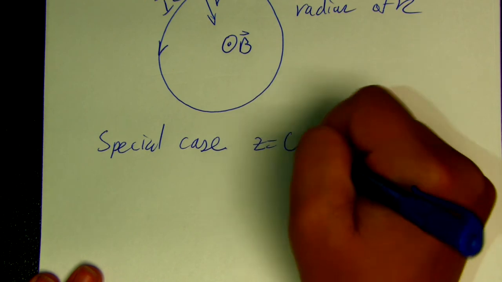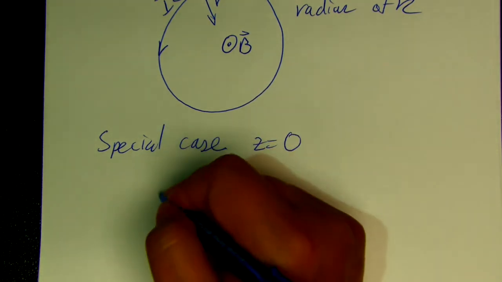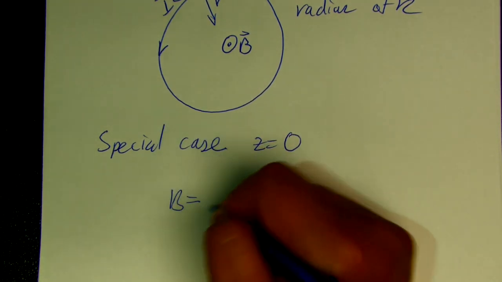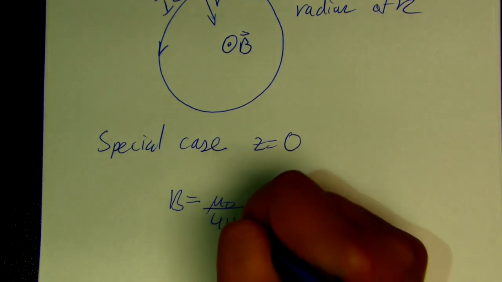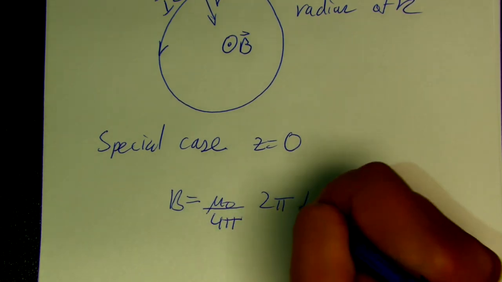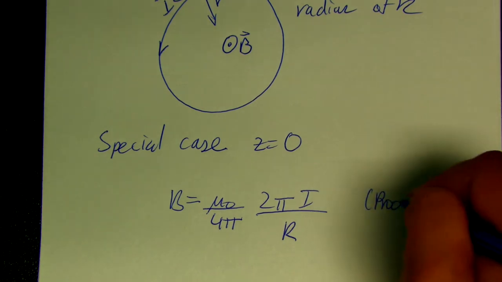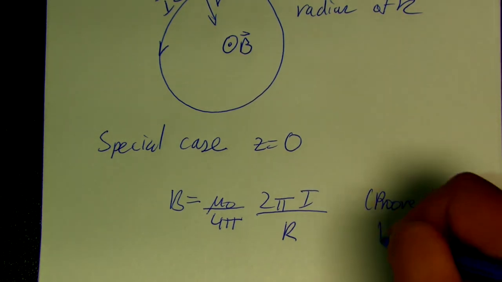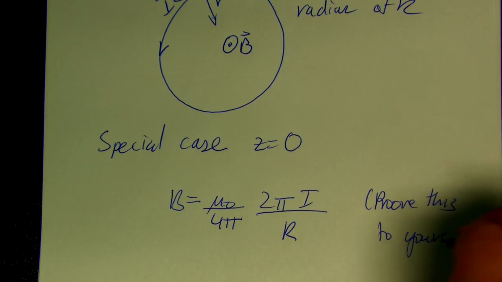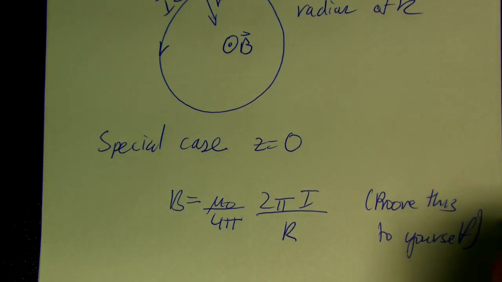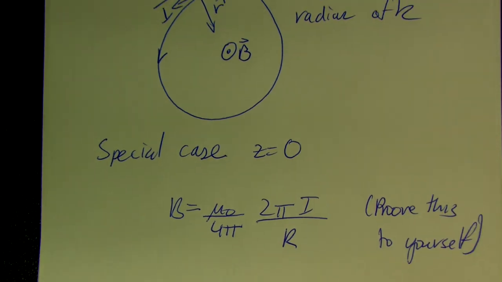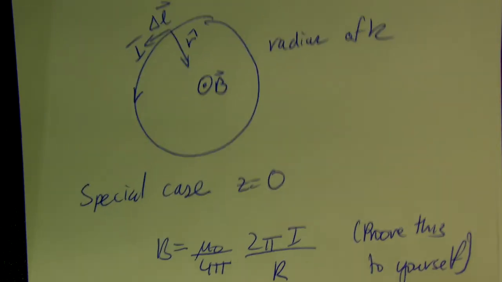So at the special case of z being equal to 0, which would be dead center, B is equal to mu naught over 4 pi, 2 pi I over R. And you should prove this to yourself. All right, so there's another special case if you're very far away from the loop.